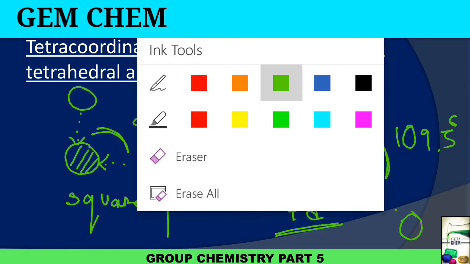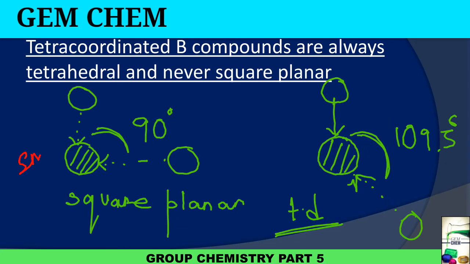Now remember, boron is very small in size. So if the approach is at 90 degree, then there will be more steric repulsion, right? But in case of 109.5 degree, the steric repulsion is somewhat decreased as the angle of approach is increased.